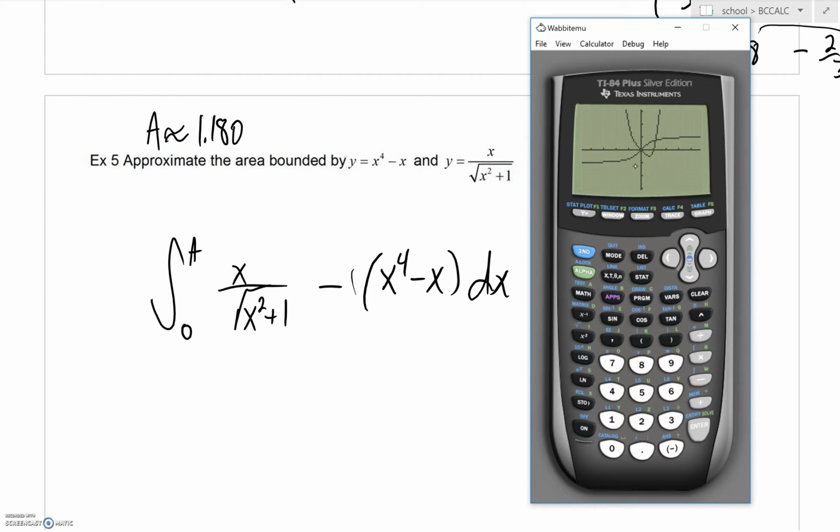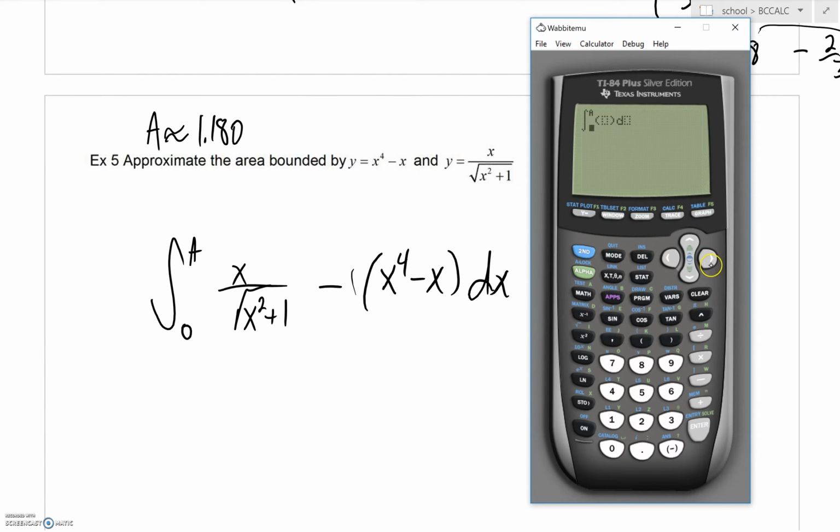So here's the cool thing. When we're doing this on our calculator, and this is entirely a calculator problem, we could just bring up an fnInt, and I'm going to say I'd like to integrate from 0 to alpha A. But really what you saw is y1 was the quartic, y2 was that other fraction.